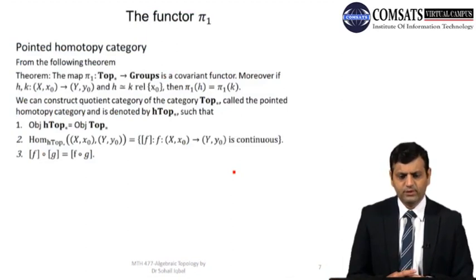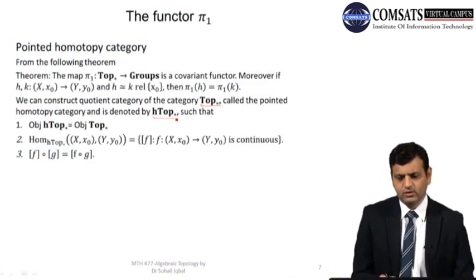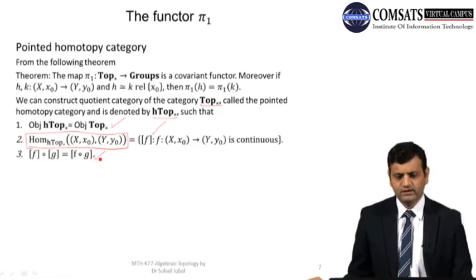Okay, so what is a pointed homotopy category? It's the category H top star whose objects are the same as the objects of pointed topological spaces, but the morphisms between two pointed topological spaces are the homotopy classes of functions between these two pointed spaces, and we define the composition in this way.